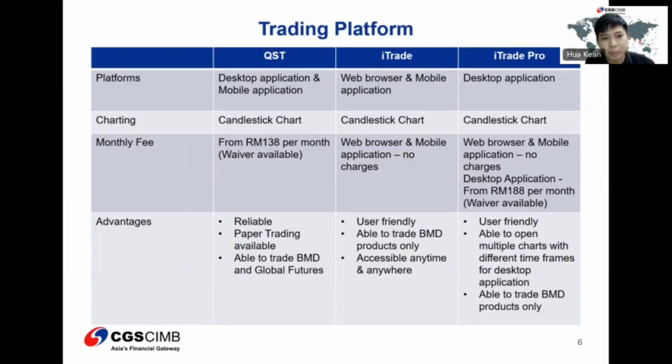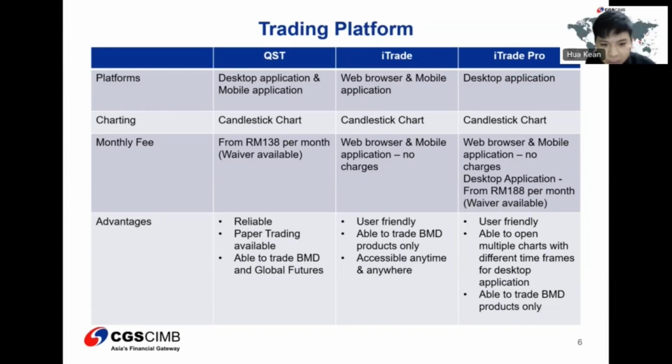All three support charting tools, such as the candlestick chart. QST and iTrade Pro are paid, with a monthly subscription fee, but no worries, a waiver is available. But iTrade is totally free, meaning no charges. It has both a mobile application as well as a web version.